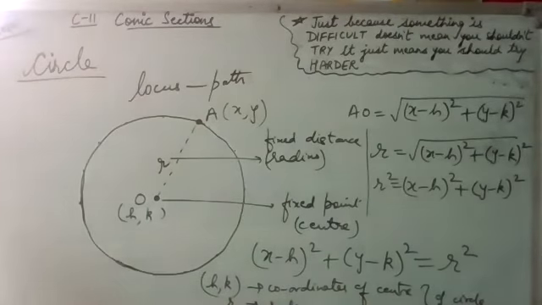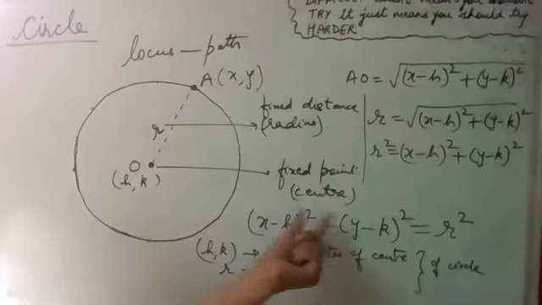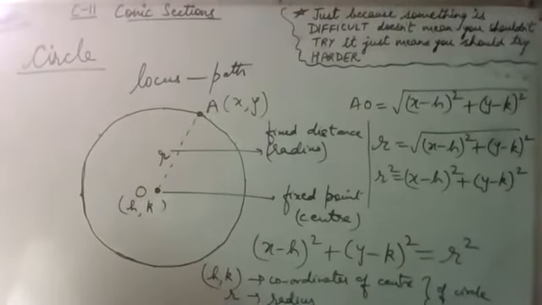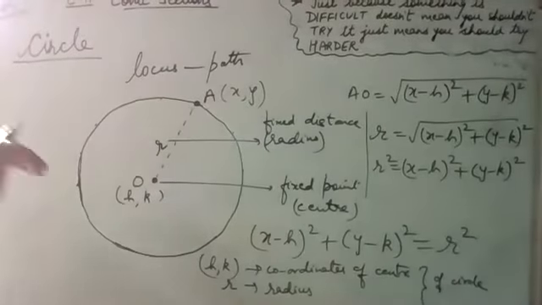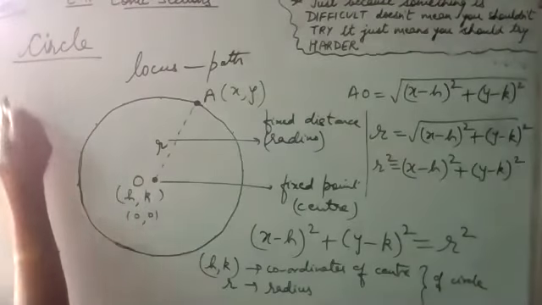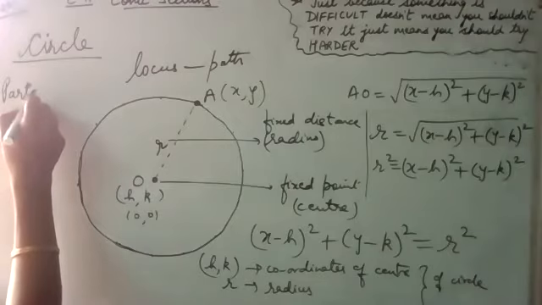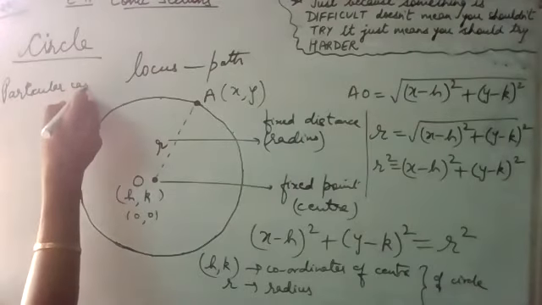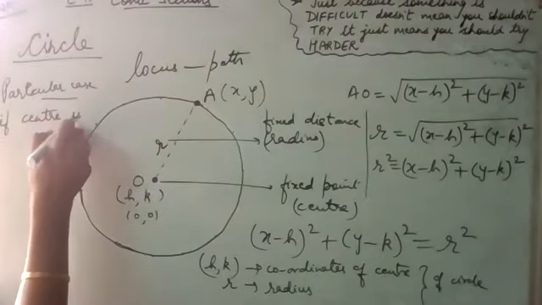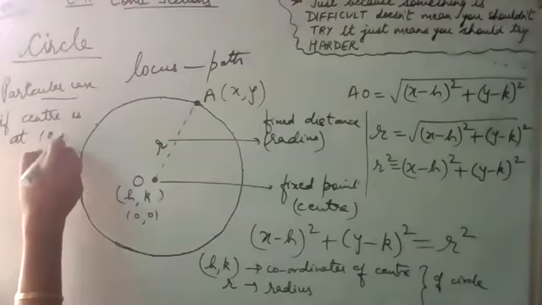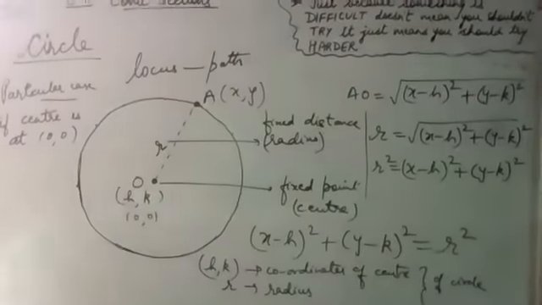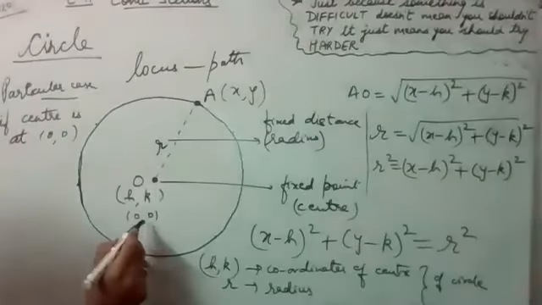Right? So the general equation of a circle is (x minus h) whole square plus (y minus k) whole square equal to r square. And we have a particular case if we take the center at the origin. If the center is at the origin, the coordinates (h, k) become (0, 0).